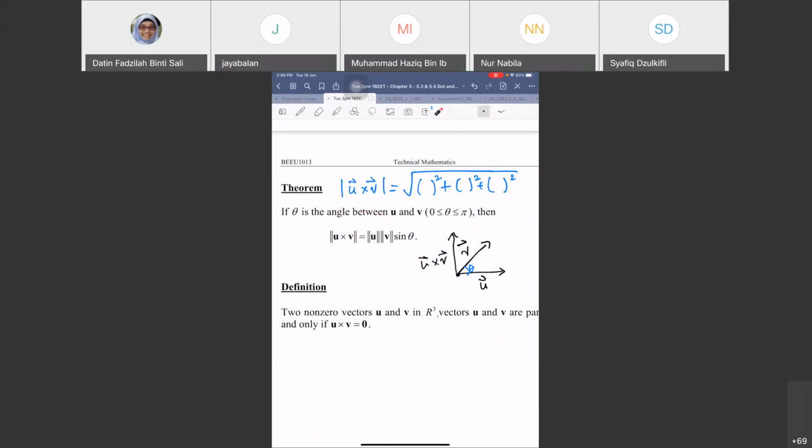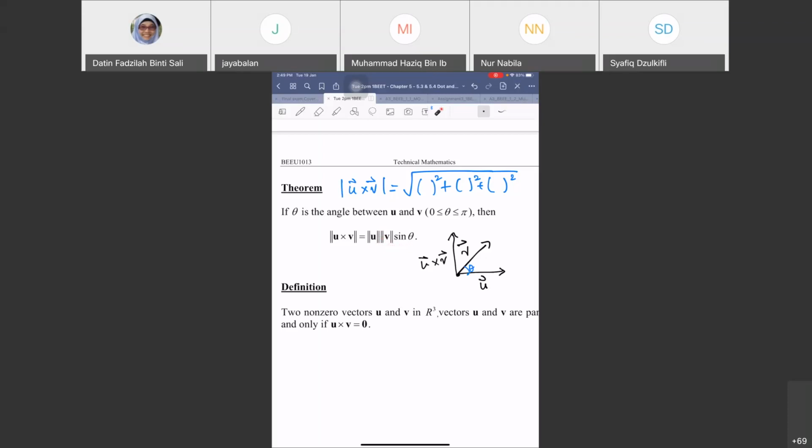So the magnitude of the cross product is the same as the magnitude of vector u times the magnitude of vector v times sine theta.